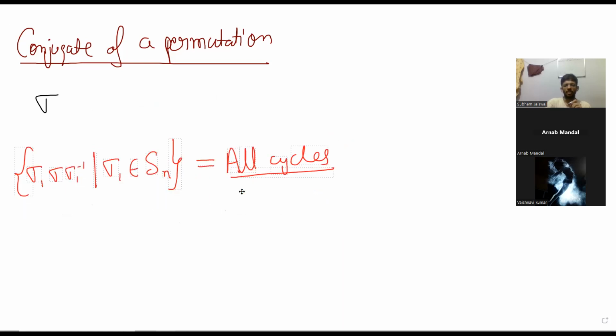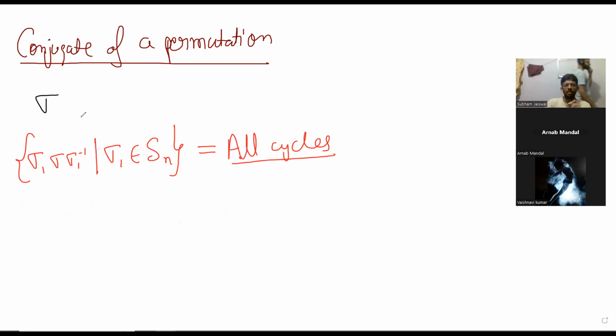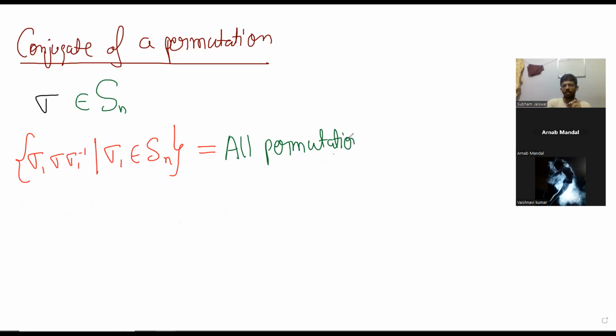But you should write the proofs. It's important. If sigma is in Sn, then this is all permutations of the same cycle type.